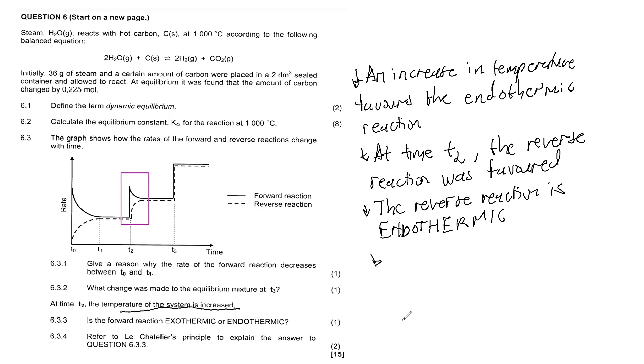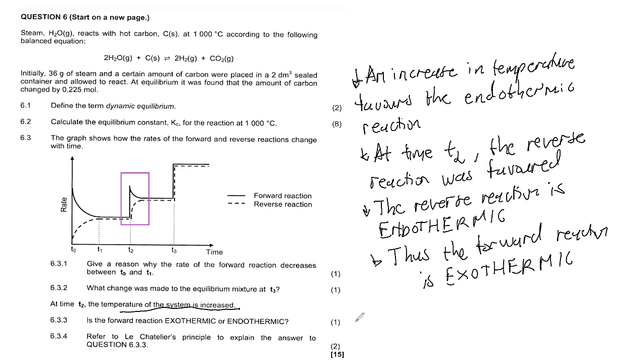Now, we do know that if the reverse reaction is endothermic, then it goes without saying the forward reaction is exothermic. Thus, the forward reaction is exothermic. So as much as that was just for 1 mark, you can see that there was a lot of thought process into it. So the forward reaction is exothermic. Then we have our exothermic.